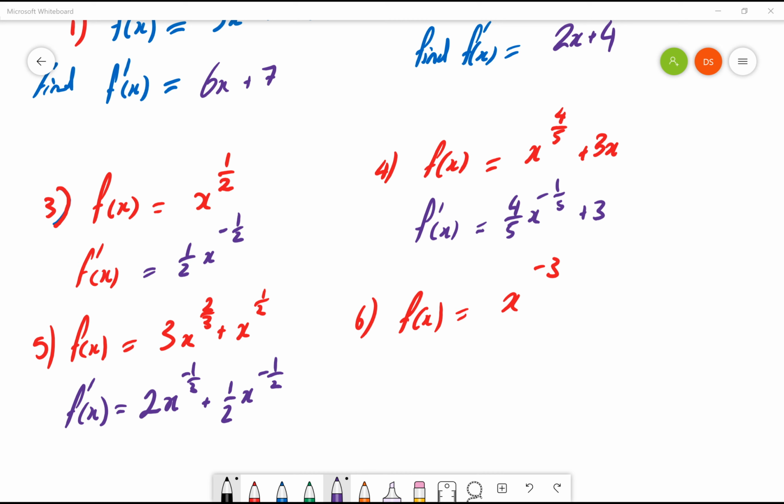Okay. Guys, I'm getting a lot from Eddie. The rest of you, what's going on? f dash of x. What happens if it's a negative power? Multiply by negative 3, take 1 off the power. Negative 3 minus 1 is negative 4.